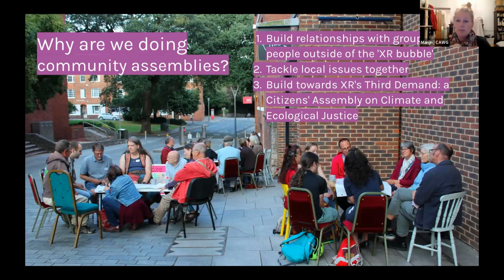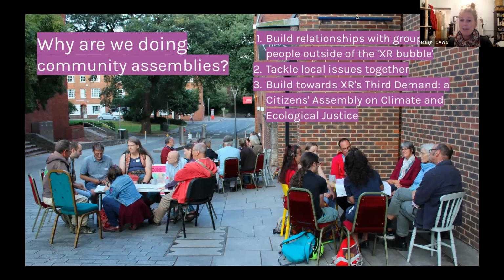But it's also part of the XR strategy, because it's a great way to build relationships with people and groups outside of the XR bubble, as we like to call it. So you go to your local residents association or housing association or your local environmental groups and say, would you like to organize a community assembly with us about an environmental issue in the borough or in the city or in the parish?